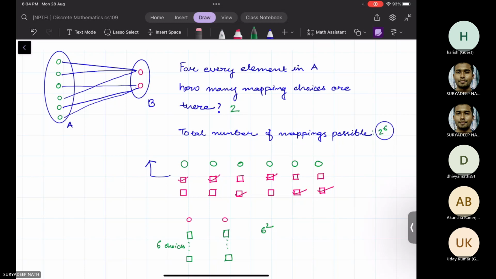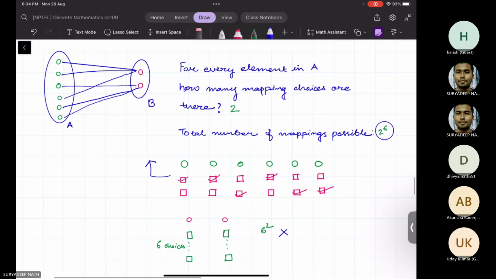In the first case, it comes out to be 2 to the power 6 because we are choosing only one among the two red elements in each column, which is not the same in the second case. So 6 squared is not the right answer for this question.